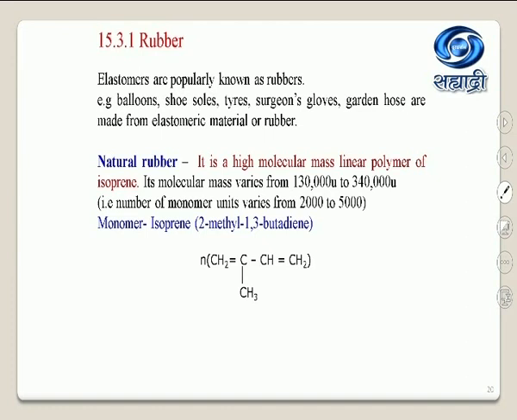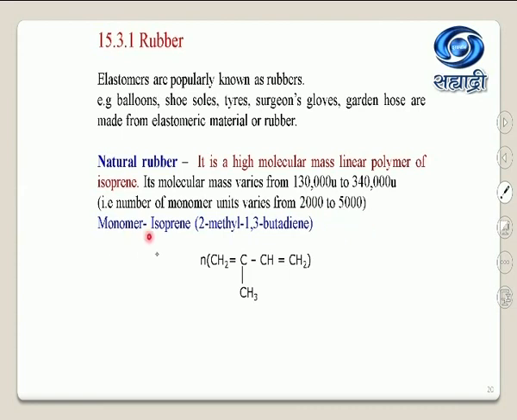That means natural rubber is obtained from the monomer isoprene. Its molecular mass varies from 130,000 to 340,000, that is, the number of monomer units varies from 2000 to 5000.